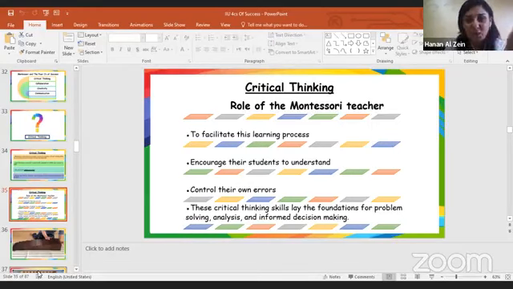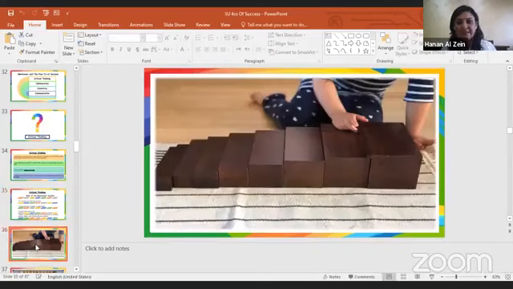In this way, we are creating critical thinking in Montessori. While they are building, for example, a pink tower, or while they are building the brown stair, making it from the thickest to the thinnest, they are thinking about it every single second, and they are correcting their error by themselves.